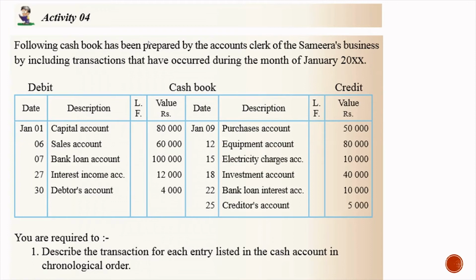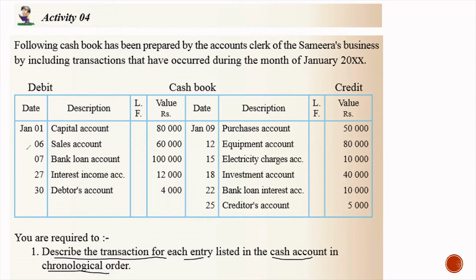So, what do you have to do? You have to describe the transactions, right? Your work is to describe the transactions on each entry in the cash account in chronological order. That is, from the first to the last, you have to describe one by one.